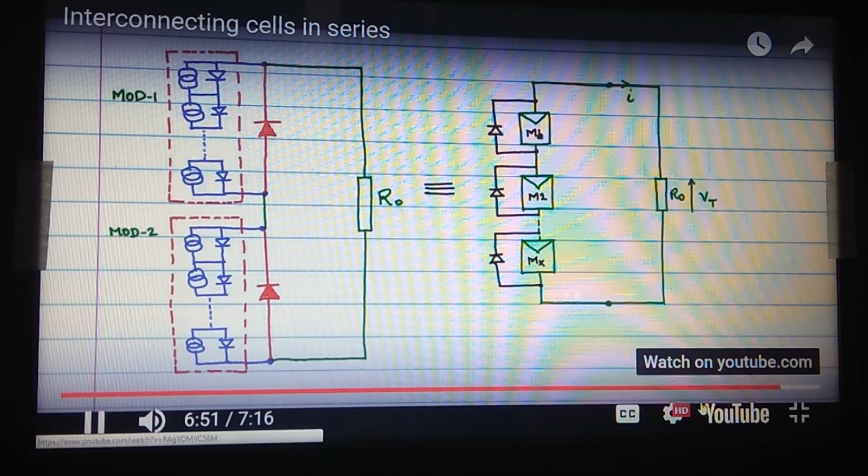If there is partial shading and any one of the modules has an inversion in voltage, these bypass diodes will effectively remove those modules out of the circuit, save them from becoming hot, and also improve the efficiency of the entire overall circuit.